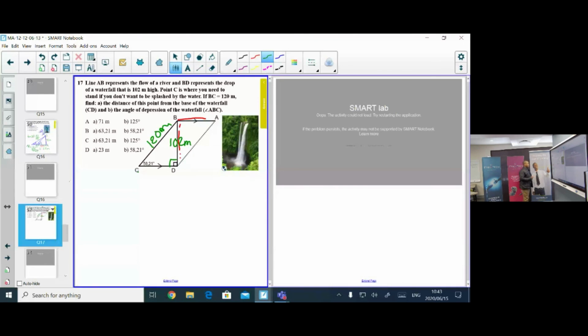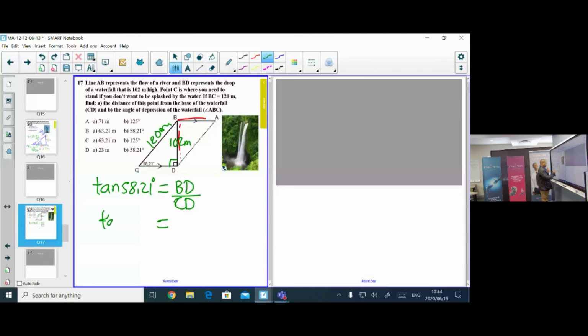You can use just the cosine function as well as tan. So tan 58.21 degrees equals BD over CD. So BD is given already as 102. We are looking for CD.